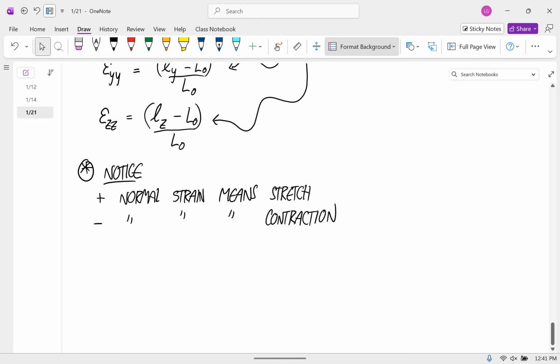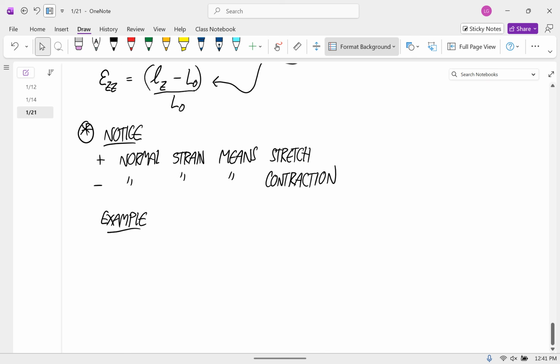Okay, let's do an example. Let's say this is our undeformed chunk of material. Let's say this is 1 centimeter, so 0.01 meters. And this is 0.008 meters.